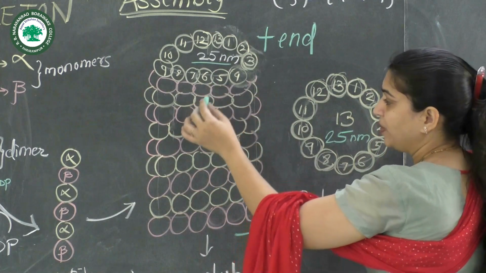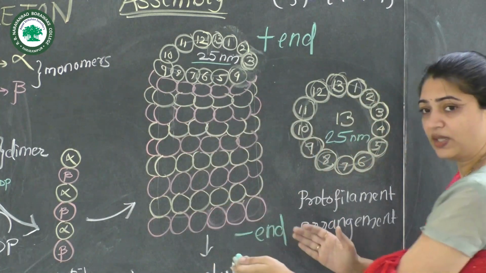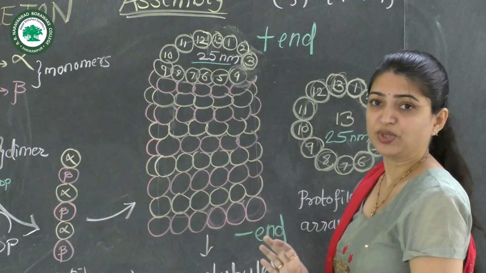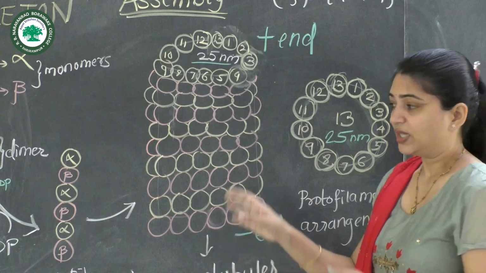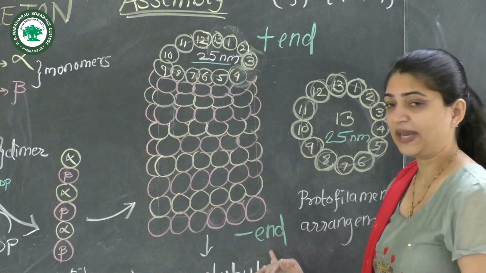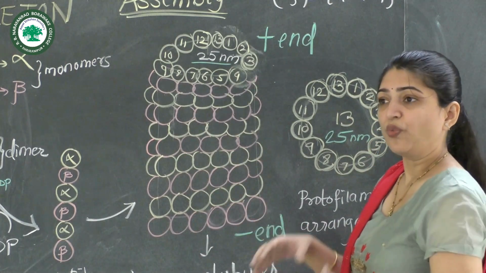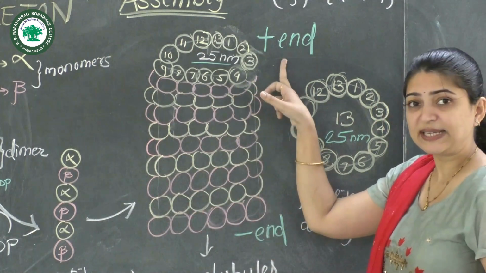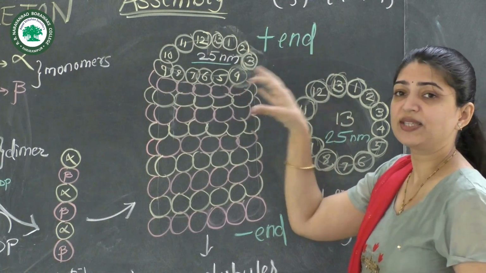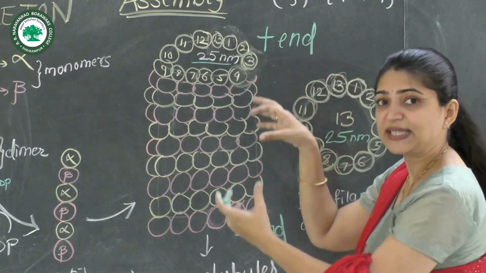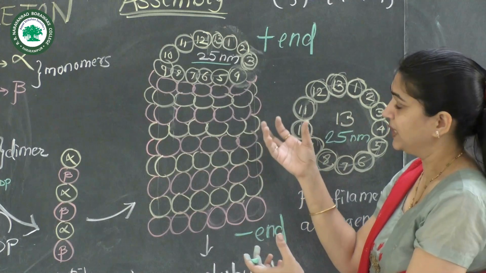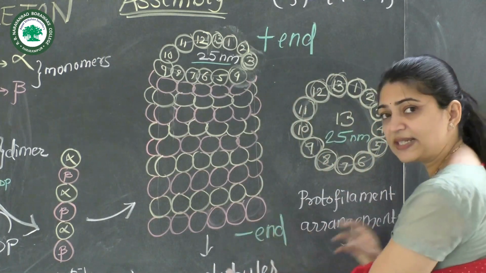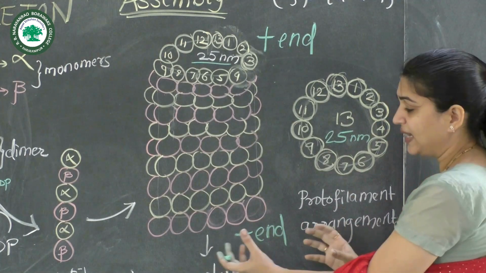This structure is formed, and as we go down, there is disassembly from the minus end. When there is an increase in the length of the microtubule, it means the plus end is active and there is continuous assembly of polymer units.